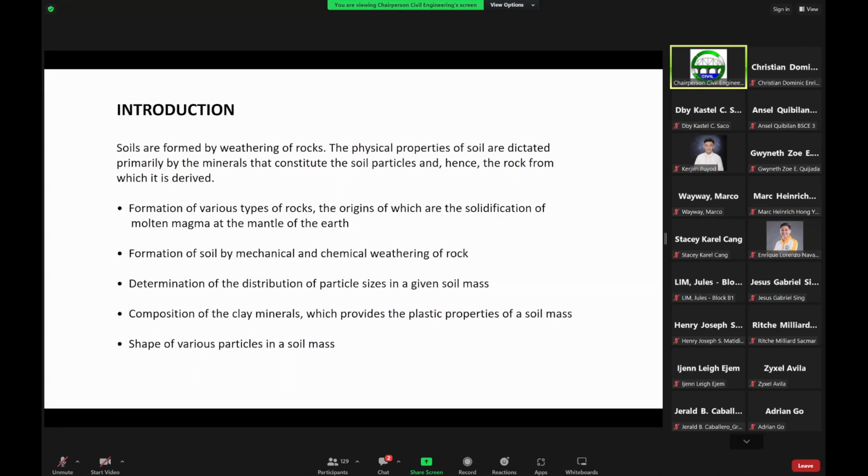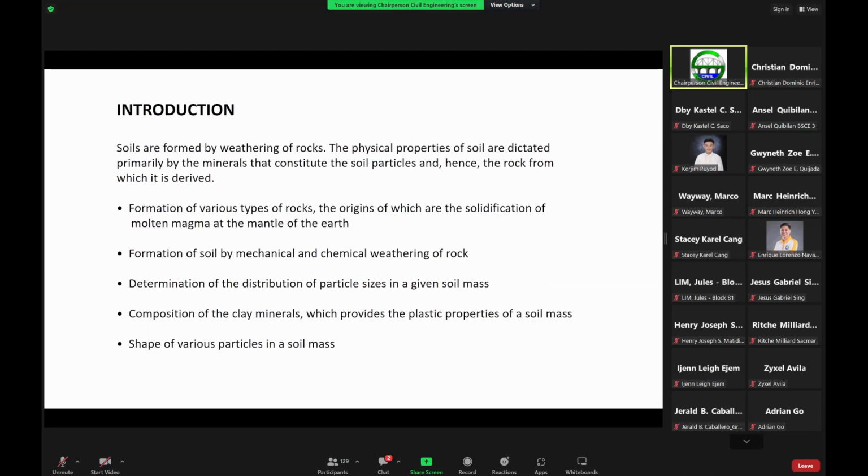So these are just examples of chemical weathering and physical, mechanical weathering processes. We also need to understand the determination of the distribution of the particle sizes in a given soil mass, as well as the composition of the clay minerals, which provides the plastic properties of a soil mass.